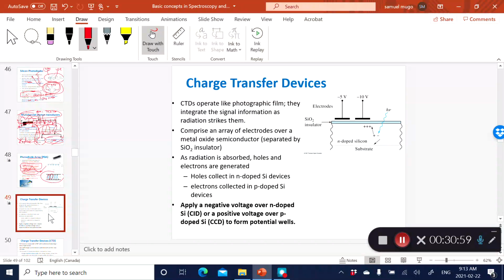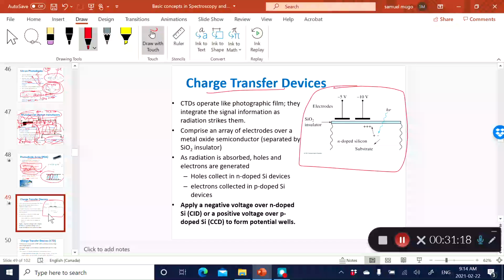So the charge transfer devices, which again, as I said, are examples of modern multi-channel detectors. Now, they operate in two different ways. Again, all it is, is a PN diode. And this PN diode has been printed with an array of electrodes on the surface of it.